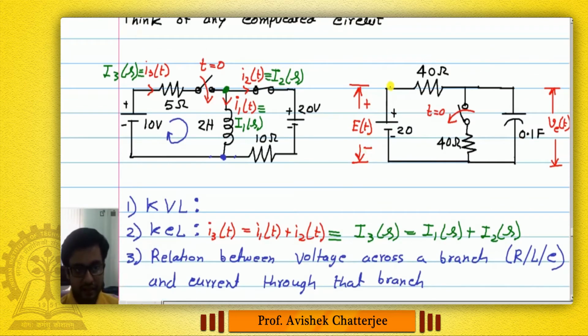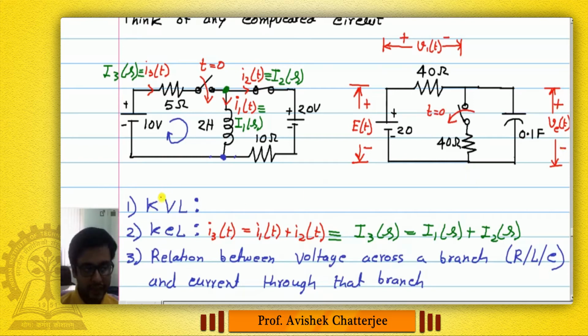Then say the voltage across this resistance, I will call it v1(t), from here to here, with the reference polarity like this, plus and minus, and this voltage is vC(t) with chosen reference polarity as this, plus and minus.